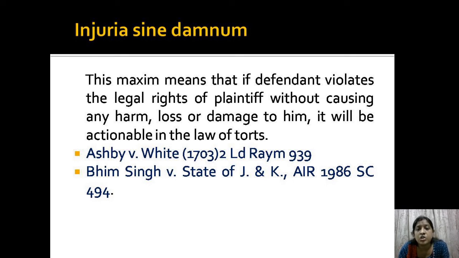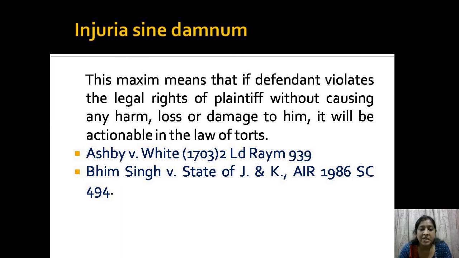However, the court held that as to cast vote was his legal right and he was not allowed to exercise his legal right willfully due to the activity of the defendant. As such, he was entitled to get compensation from the defendant. The court held the defendant liable and awarded compensation.